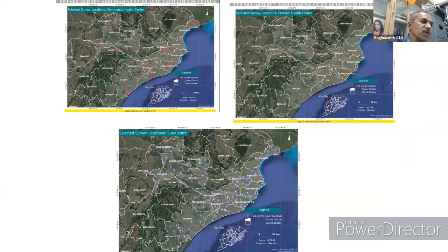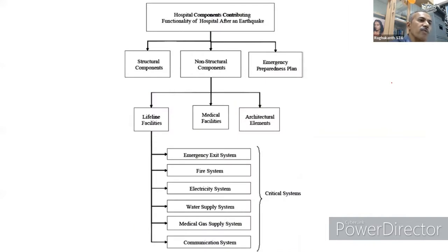I'm just showing this one. These are the buildings where we have done the study: community health center, then primary health center, and then these sub centers. We have divided the analysis into structural components, then non-structural components, then the emergency preparedness plan. Whenever there is an emergency, whether the nurse, the doctor or the community people are well trained and aware of all those things becomes very important.